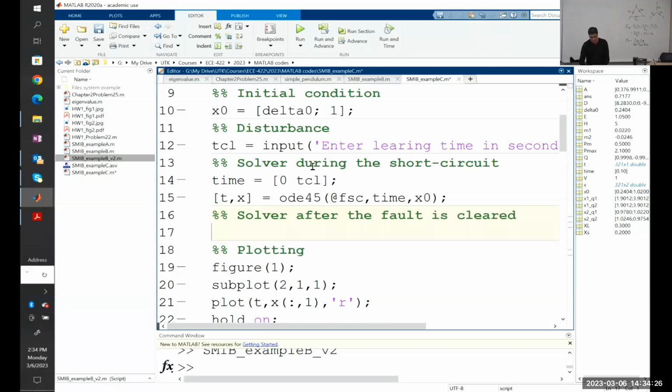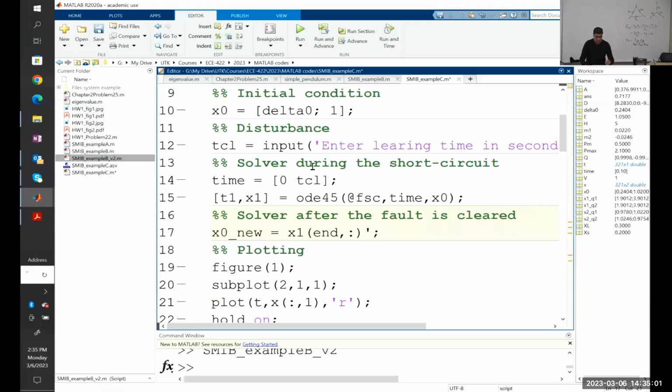And now we need to repeat this, and as we said, we're going to call this T1 and X1. When the fault is clear, the state variables cannot change instantaneously. So the last value of the state variable X1, which is in the last row, and all columns, that's going to be the initial condition for the system when the fault is clear.